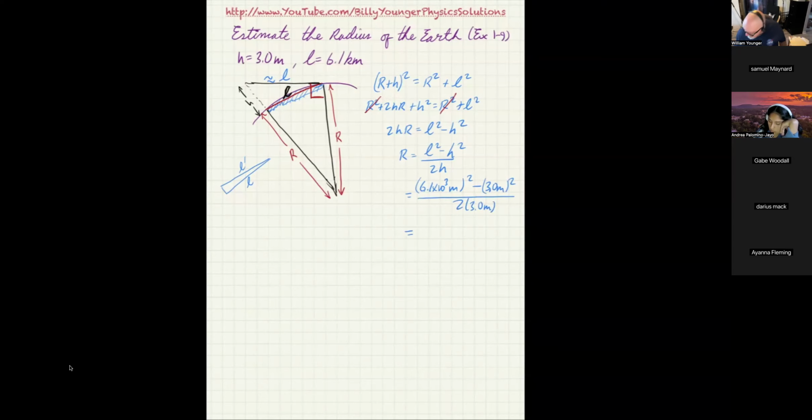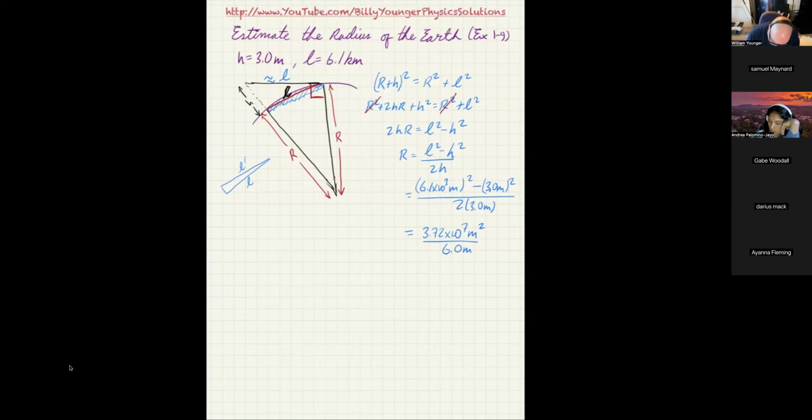So when I do this math, I get 6.1 times 10 to the third squared minus 3 squared. And that gives me 3.72 times 10 to the 7th meters squared over 6.0 meters.